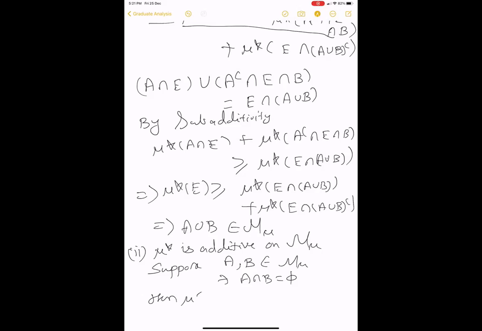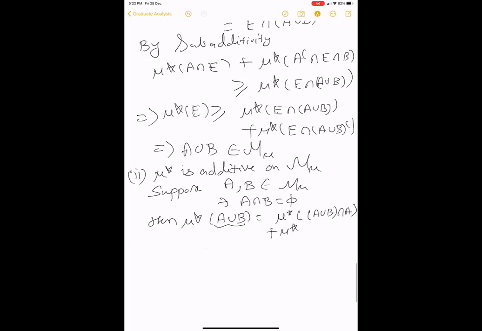It will follow directly, I believe. A union B, so let us call this E. If you call this E, then applying the property of E, this is equal to mu star of A union B intersection A, plus mu star of A union B intersection A complement. We have A, B in that, and we know that A union B is also in that; that is what we proved in the earlier claim, claim 1. Because of that, this is true.